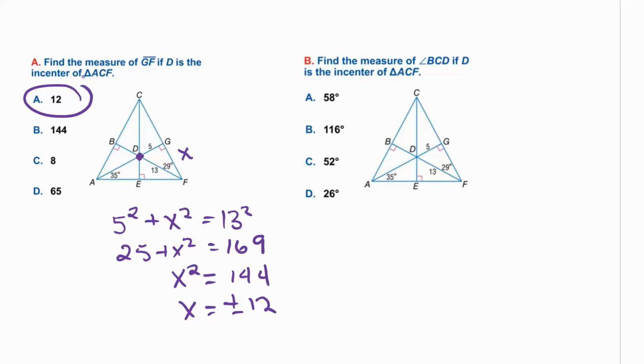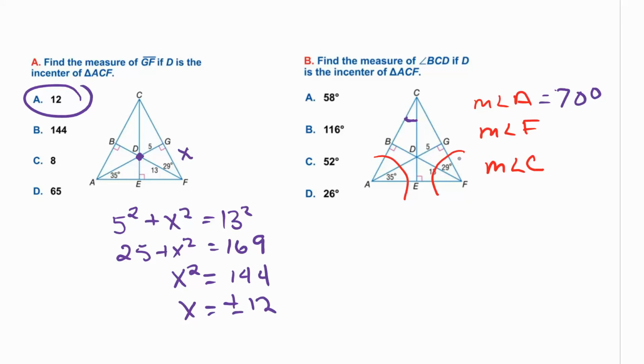In the next one, I'm asked to find the measure of angle BCD, so this angle right here. I know that each of these angles are bisected, so if I can find the measure of angle A and the measure of angle F, and use those to find the measure of angle C and divide that by 2, I would have my answer. So the measure of angle A would be 2 times 35, which is 70 degrees.